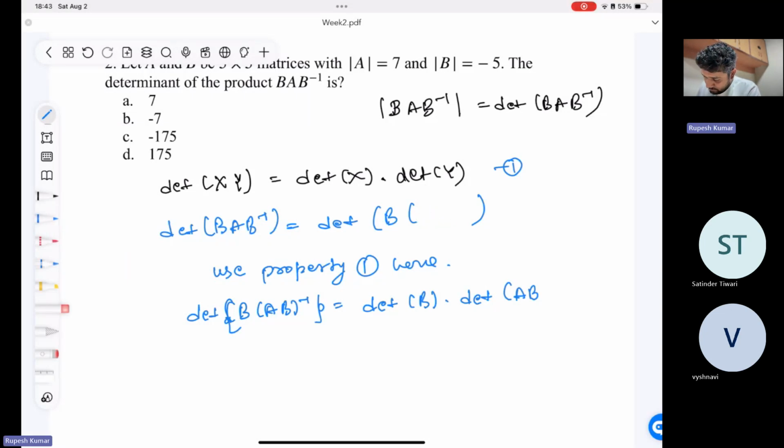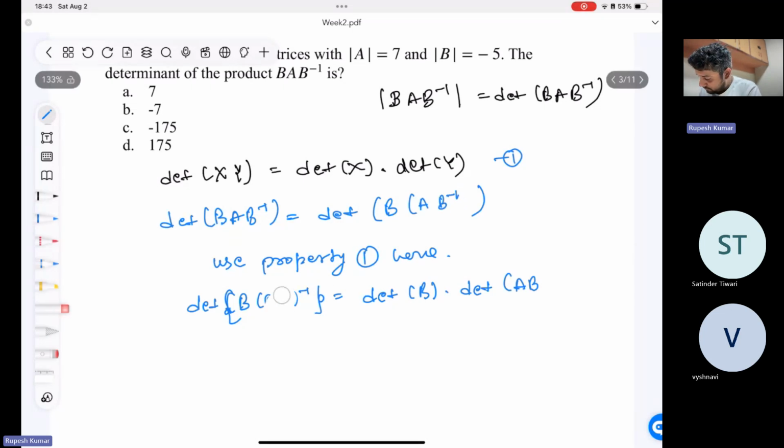Determinant of B into A into B inverse, right? This is B inverse, not AB inverse. That would have been something else. So B into A into B inverse.